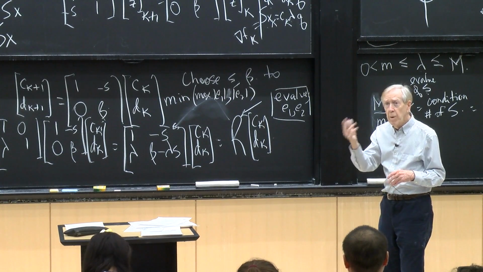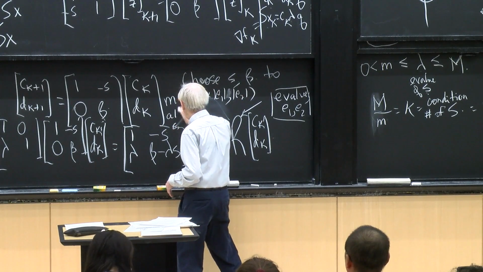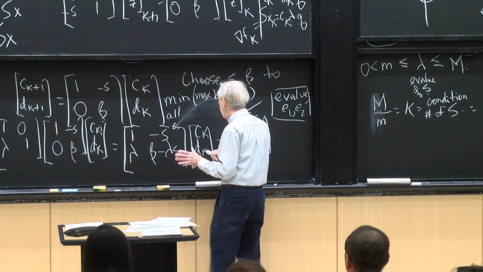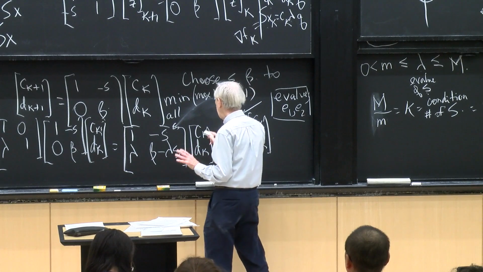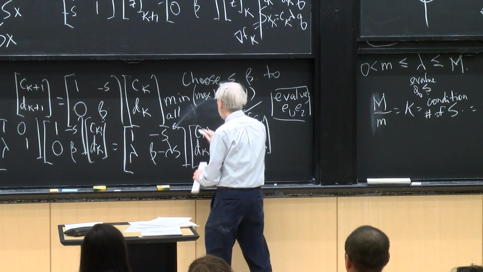So this is for all possible lambda. So we have to decide, what do I mean by all possible lambda? And I mean all lambda that are between some m and M.